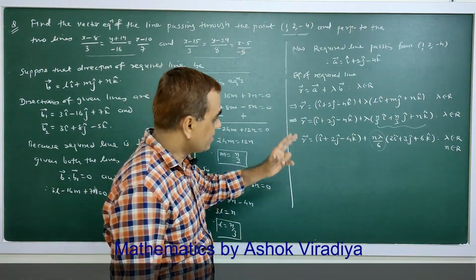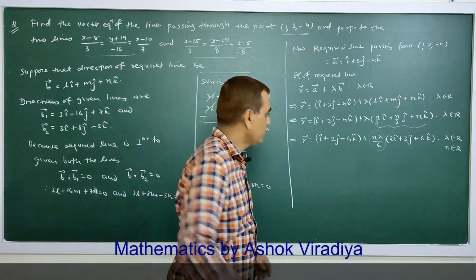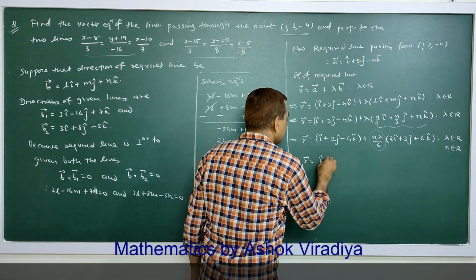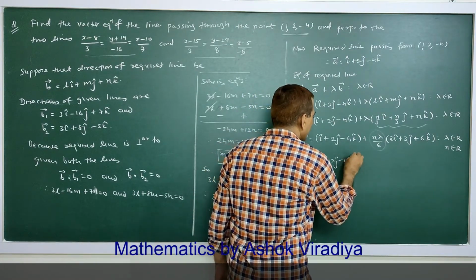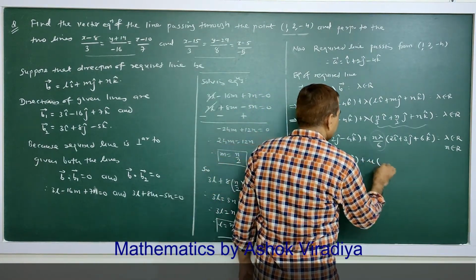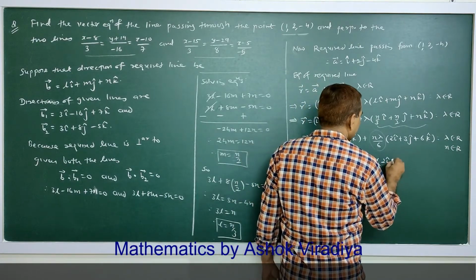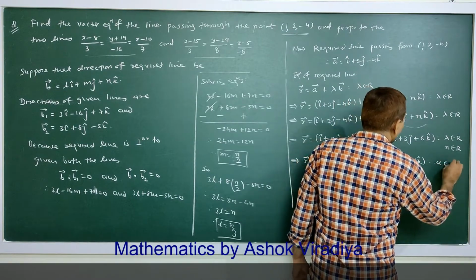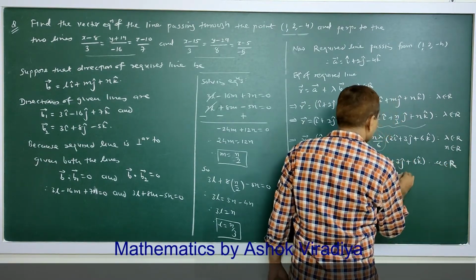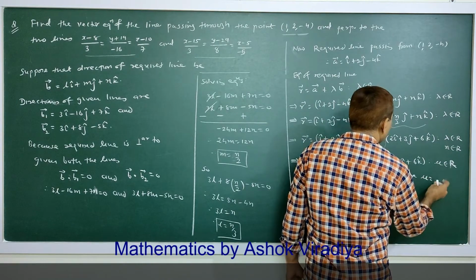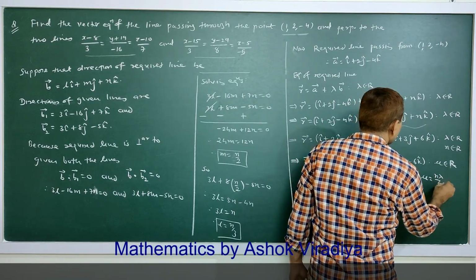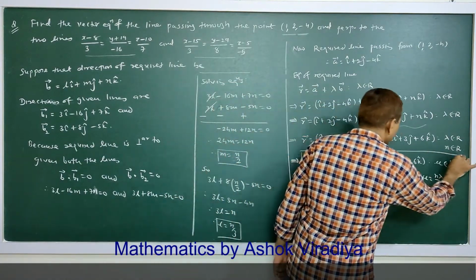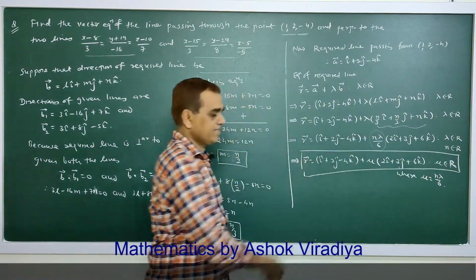It can be any real. So let me say this number is mu. So vector r is i plus 2j minus 4k plus mu times 2i plus 3j plus 6k, mu belongs to R, where mu is n lambda by 6. So this is the required vector equation of the required line.